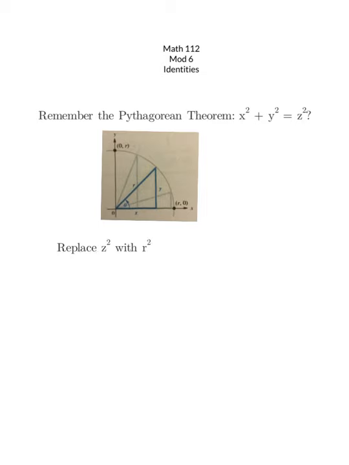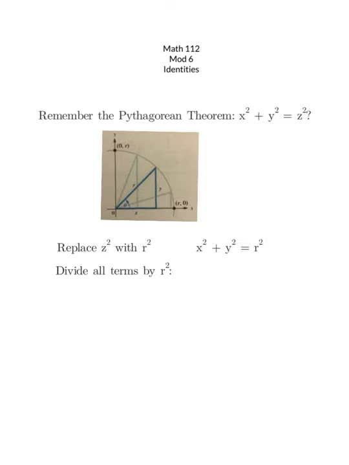The first thing that we will do is replace z squared with r squared. If our triangle is within a circle, then the hypotenuse is also a radius. By replacing z squared with r squared, the Pythagorean theorem now becomes x squared plus y squared equals r squared.